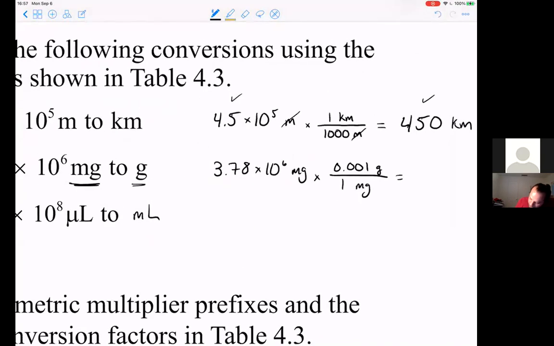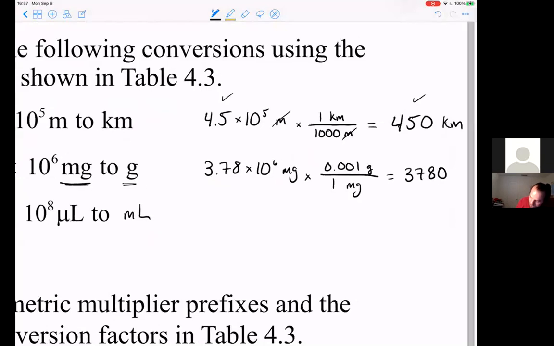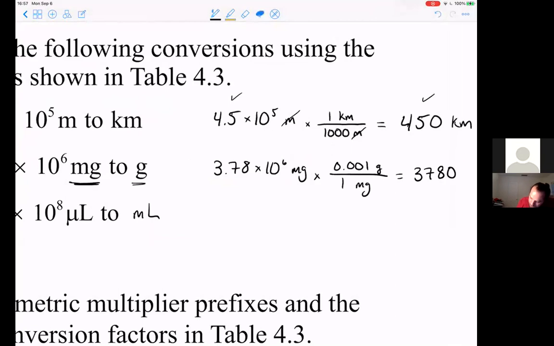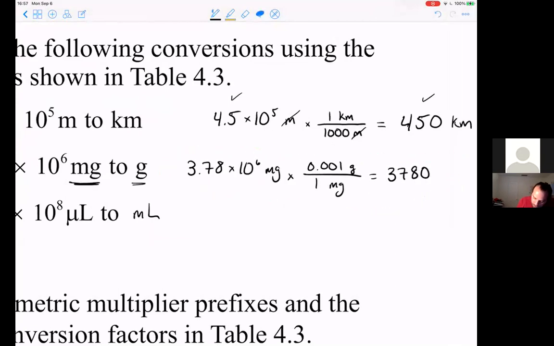I punch that into my calculator. Okay, this is the number that it spits out. Milligrams will cancel, so I'm left with grams, which is what I wanted. And then lastly, I just want to check that I have 3 sig figs over here, so I should have 3 over here. Okay.